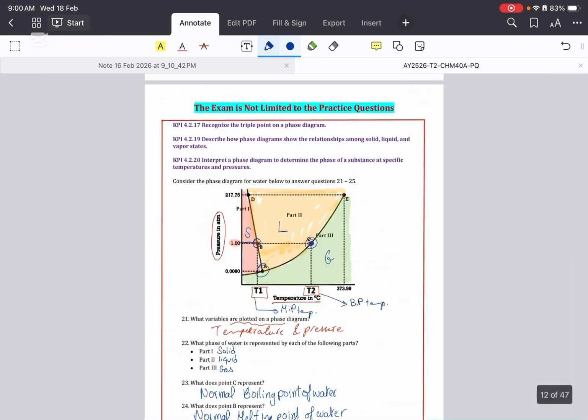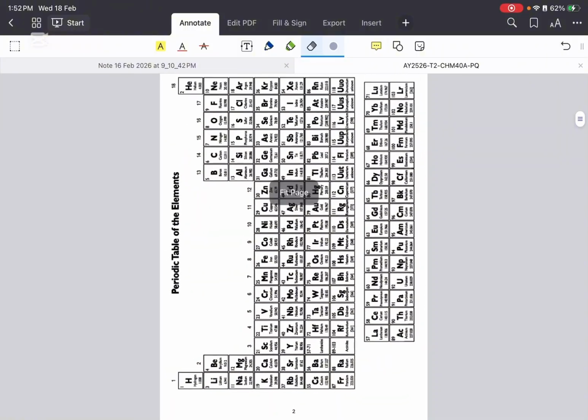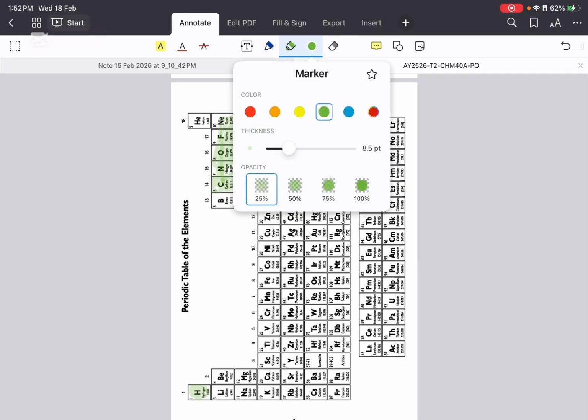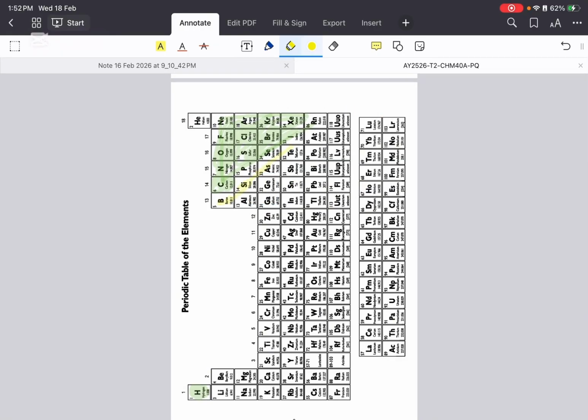I'm going to try to show you here. How do I know where's the side of metals and where's the side of non-metals? So hydrogen is a non-metal, and almost all of this area are non-metals. Now you have the metalloids in between, which is fine.